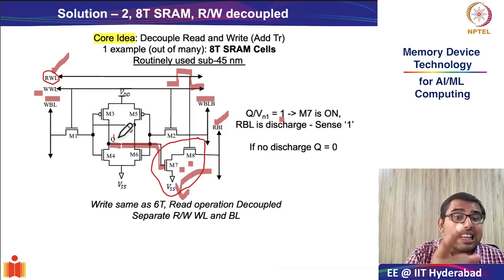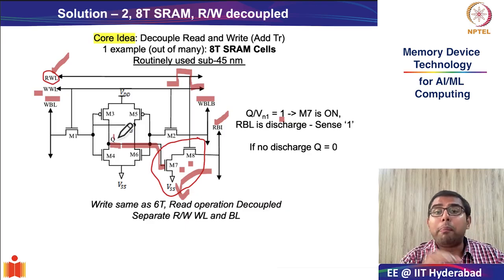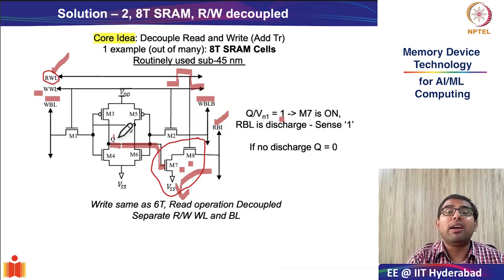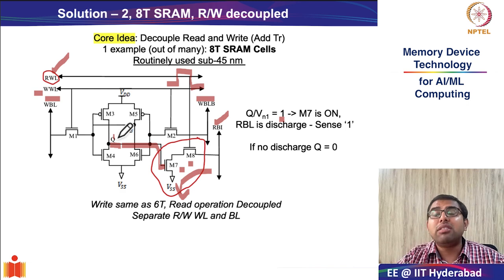Now, the interesting thing that I want you to pause and think very carefully about is, why did we make this very interesting design choice of keeping the write operation same as 6T and only making a difference in the read operation? Let me repeat the question.